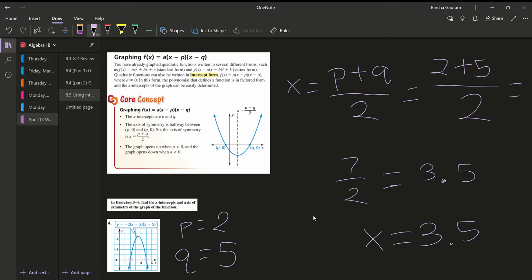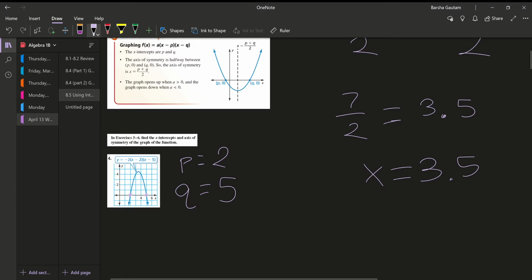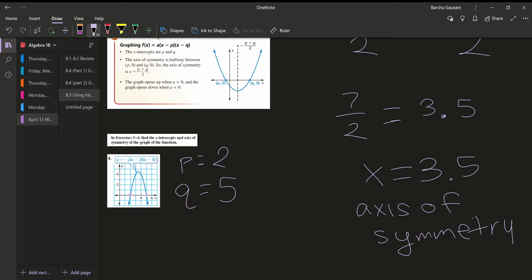Alright, so we figured out the x-intercepts, 2 and 5, and our axis of symmetry. So we're good. Let me just write it down over here. Axis of symmetry. And these are our x-intercepts.